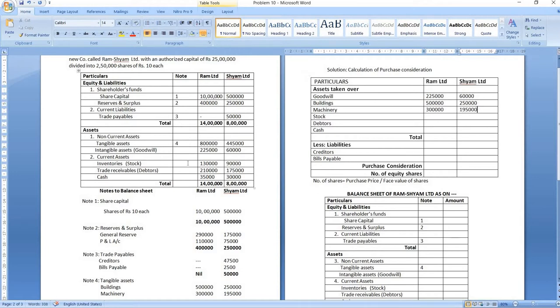Next is stock, 1,30,000 and 90,000. Debtors, 2,10,000 and 1,75,000. Cash, 35,000 and 30,000.